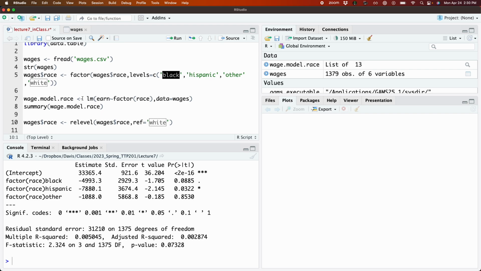Who could help me interpret this number here? Yes. Compared to a white person, a black person has 4,993 less. Yes. Exactly. And so when we talk about base level, that is the reference to which all of the other categorical variables are being compared. Okay?